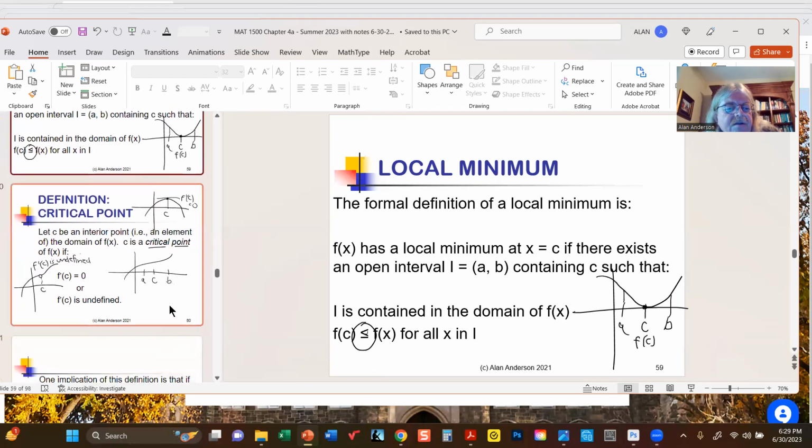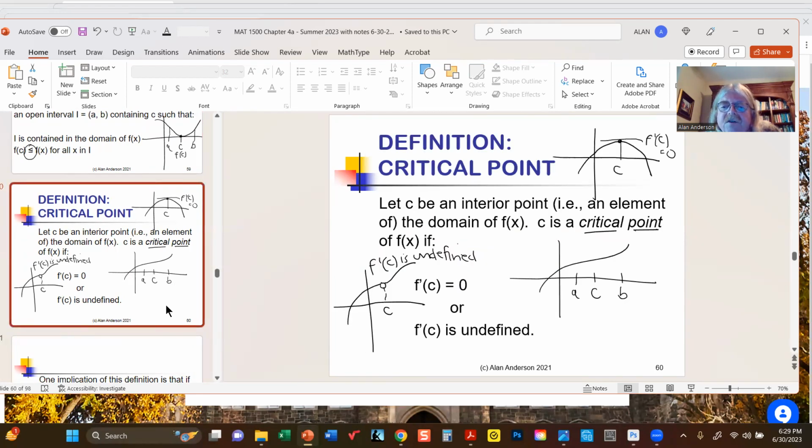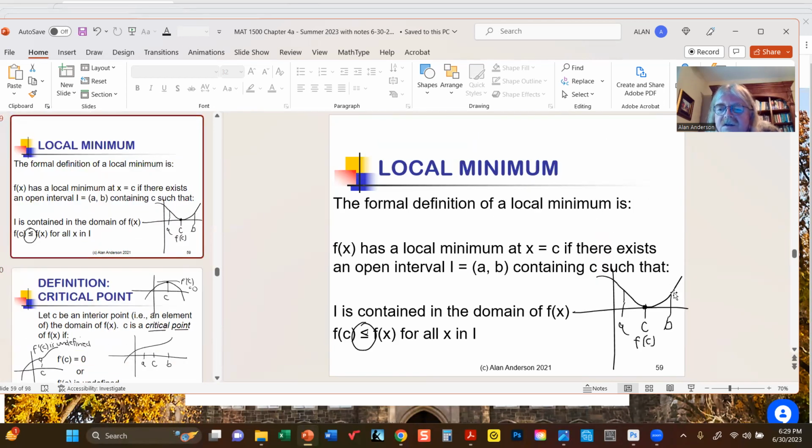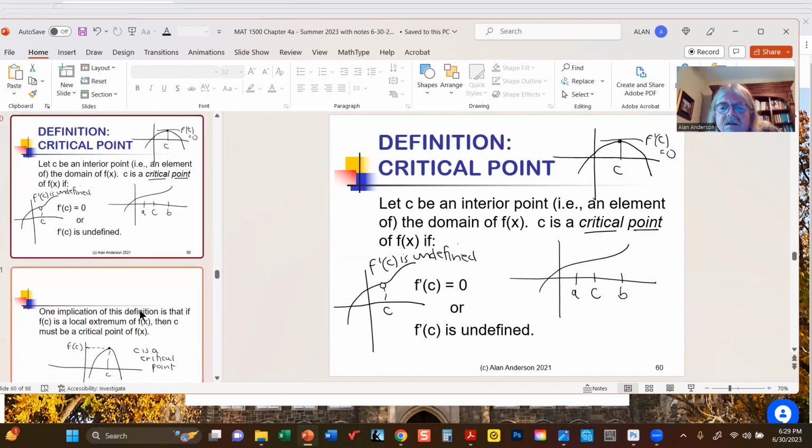Now, some more definitions. The so-called critical point. The critical point can actually refer to a couple of things. The critical point of a function is that interior point that we just talked about, that c, which is inside some interval, where the derivative is 0 at that point, meaning that the tangent line is flat there. But if the derivative is undefined at that point, we still refer to that as a critical point.